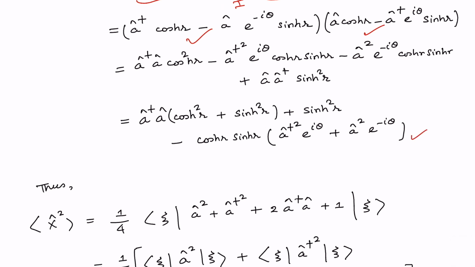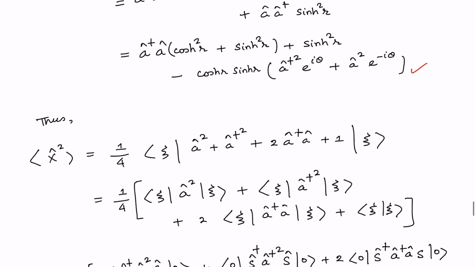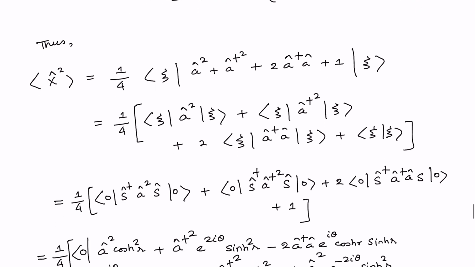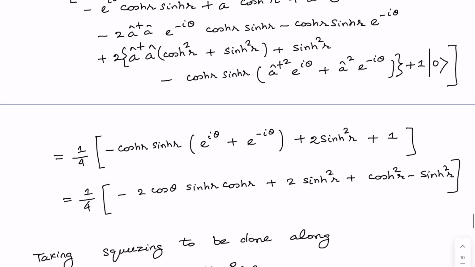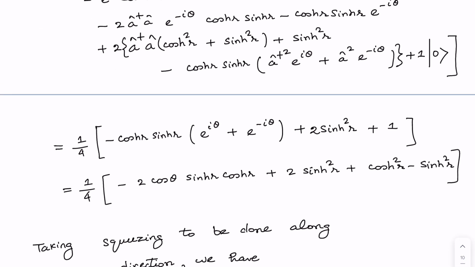So finally you can work out the expectation value of x square by clubbing all the terms together, and this is what we already wrote, right? If you put all these terms together and do the sum carefully, finally this is the term you will get on the right hand side.